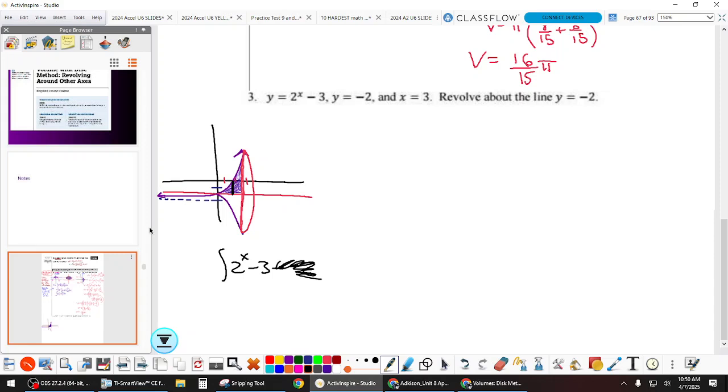So we would do -2 minus our function. Now, what would happen if you reversed it? You get a negative volume. Or wait, would it matter because you're squaring it? Because you're essentially just squaring the radius. There we go. So does it change the final result in this case? No. I'm trying to think of why we would have to flip it in the first place.